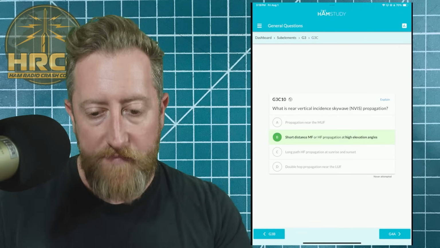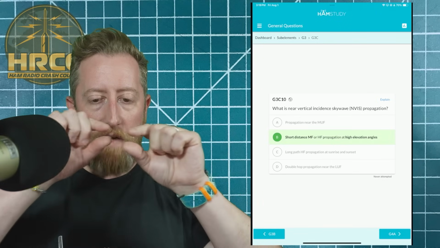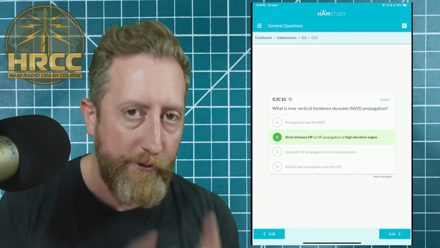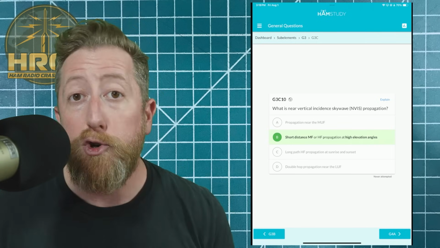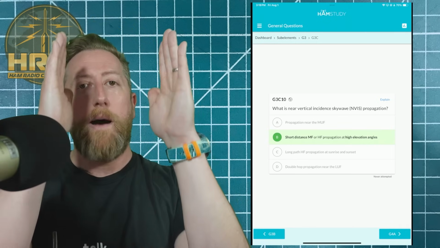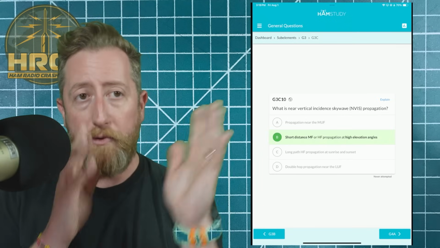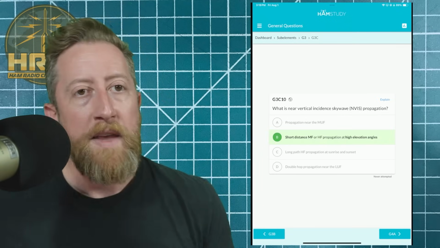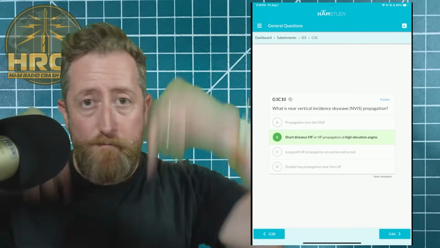What happens is if you take an antenna, like a dipole, and you get it way low to the ground, I'm talking like 4 feet strung across, and you transmit, most of that RF is going to go almost straight up, or some of it's going to go straight up, as well as maybe a couple angles off of just vertical. And then it's going to hit the atmosphere and it's going to come back down.